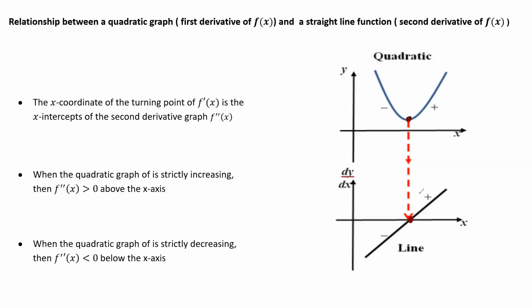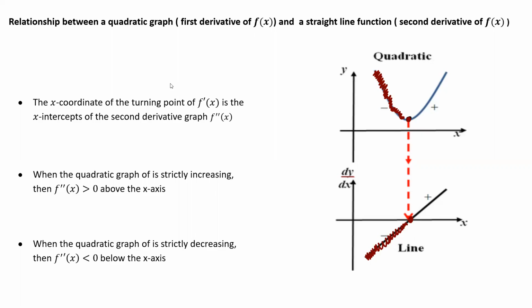of the straight line. Again, similarly, when the graph of the quadratic is going down or decreasing, then we are looking at portions of the graph of its second derivative, which will be below the x-axis.